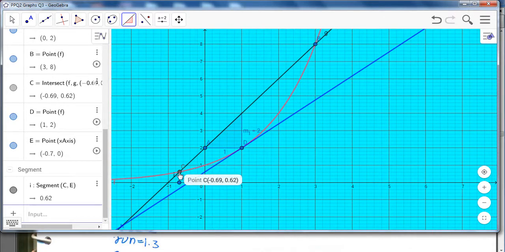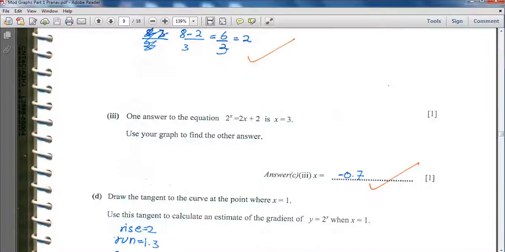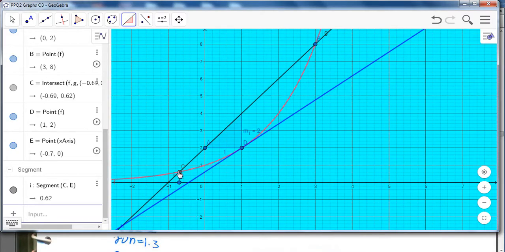But for point C, if you see these dotted lines, the corresponding value of x comes out to be equal to minus 0.7. So that's exactly what is reported over here also. So this answer is correct. Whenever we need to find out the solutions, the easiest thing to do is just drop a perpendicular onto the x-axis, maybe with a dotted line, and then we can very easily find out the solution.